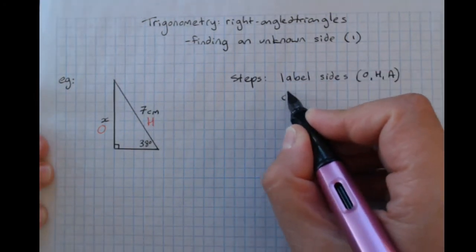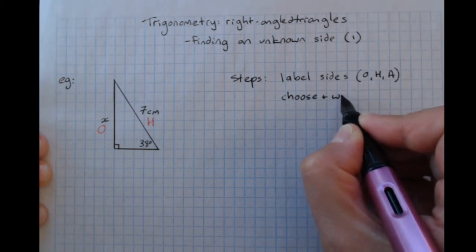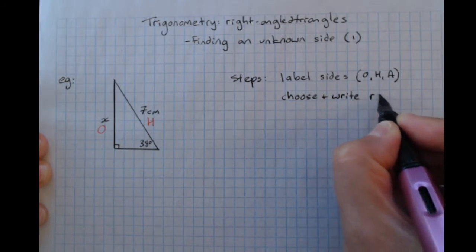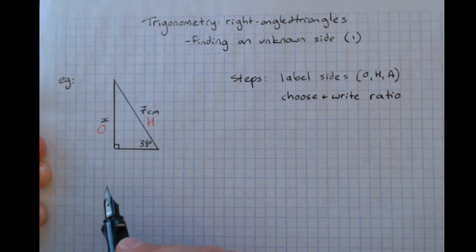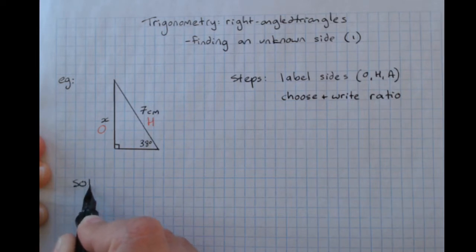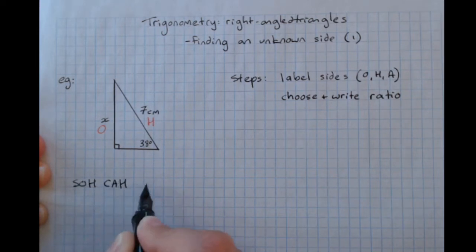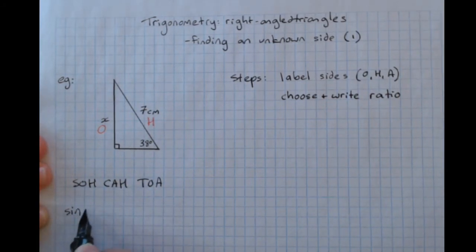The next step is to choose which of the trig ratios we're going to use. Now, our mnemonic, that means a memory aid for remembering the trig ratios, is of course SOHCAHTOA. And that helps us remember sine of the angle, SOH, is opposite over hypotenuse.